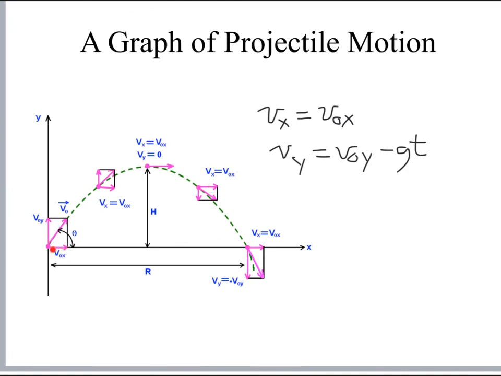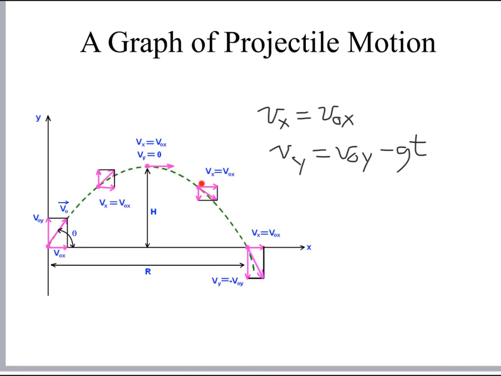So this guy is not changing. But the y component, look here, I've got a bigger y component, my y component is shrinking, and then at the tip top, the y component goes to 0, because the y component of velocity has to stop in order for it to change direction along the y-axis and start coming back down.